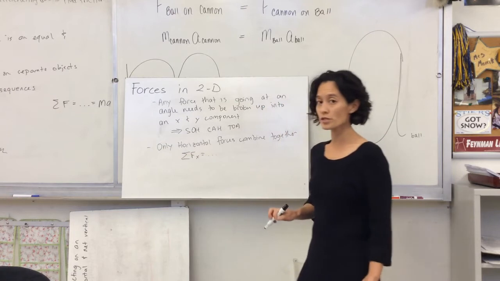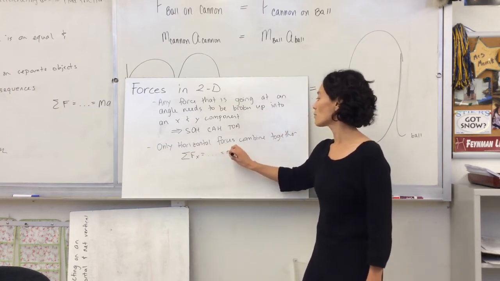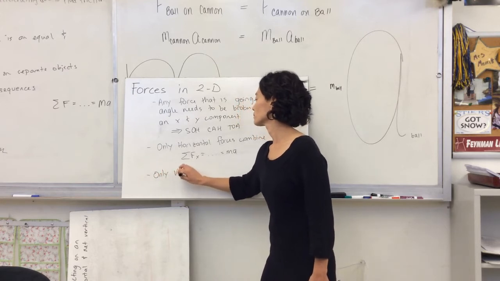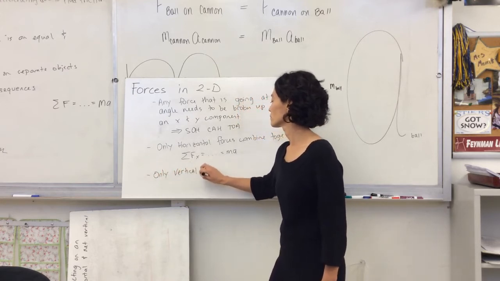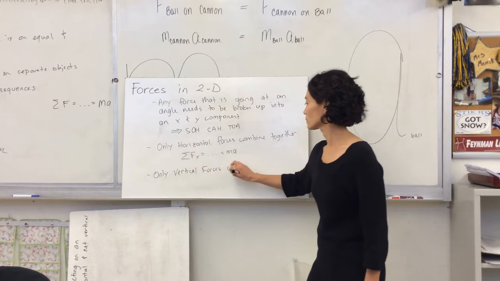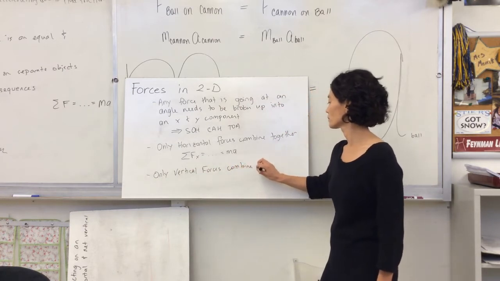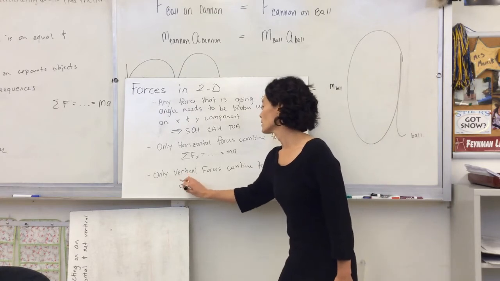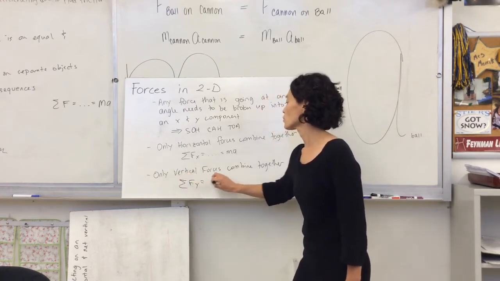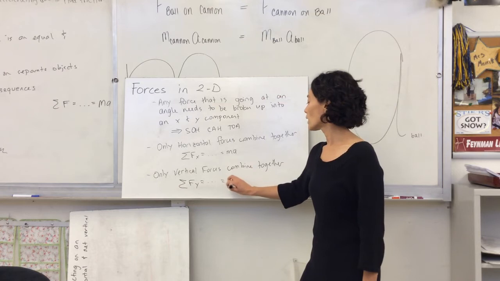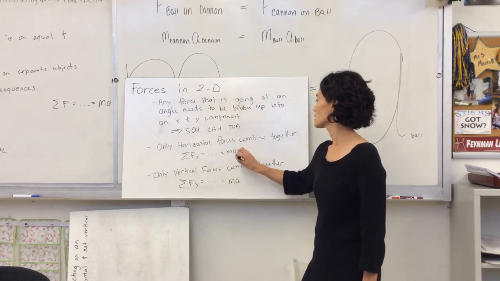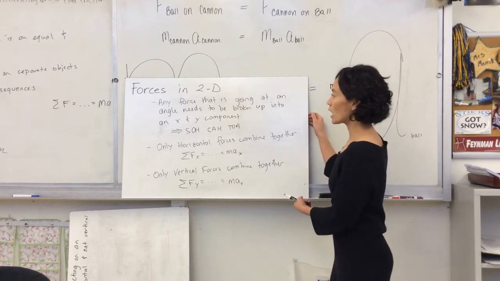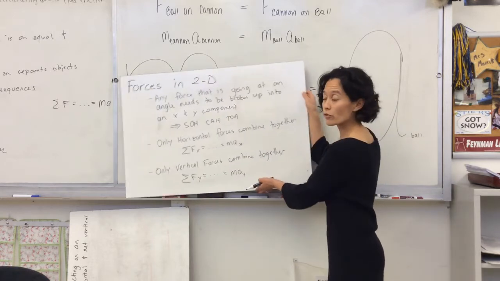My horizontal forces combine, dot, dot, dot, it's going to equal MAX, and only vertical forces combine. So again, my sum of my vertical forces, whatever those are going to be, are going to equal MAY.